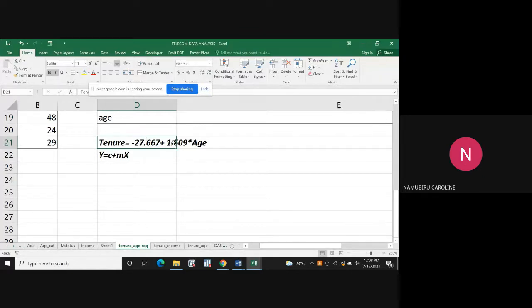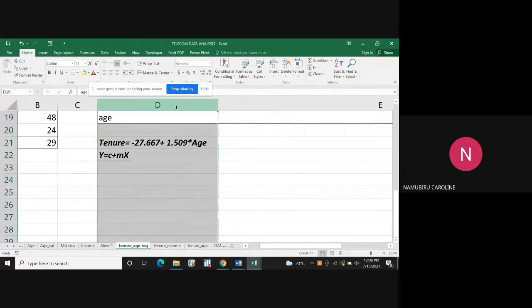But I want to focus more on what Timothy was explaining, which is the age, or what we normally understand as our coefficient of the slope, which is the 1.509. This 1.509 is the dy dx. So it measures the changes in y whenever x changes.